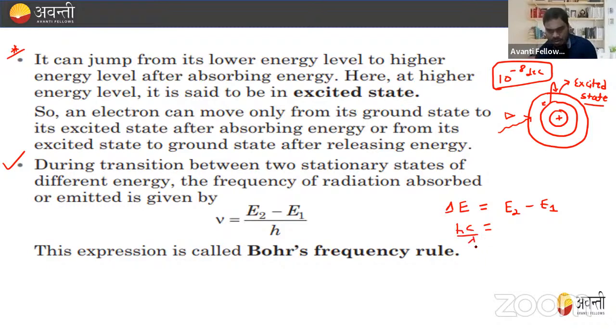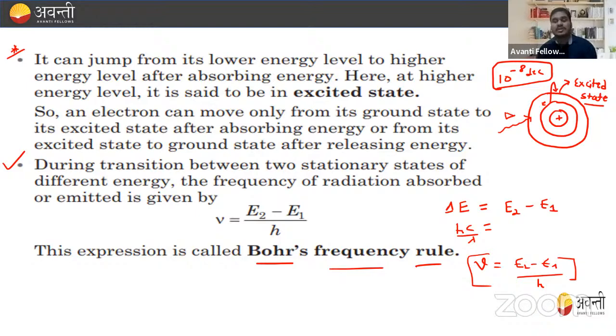Or we can also write c upon lambda as nu. So this nu is equal to E2 minus E1 divided by this term, Planck's constant h. So this is the frequency. Now, this expression is called the Bohr frequency rule. So just remember this. During the transition between two stationary states of different energy, the frequency of radiation absorbed or emitted is given by nu, which is equal to E2 minus E1 upon h, where E2 and E1 are the energies and h is Planck's constant.